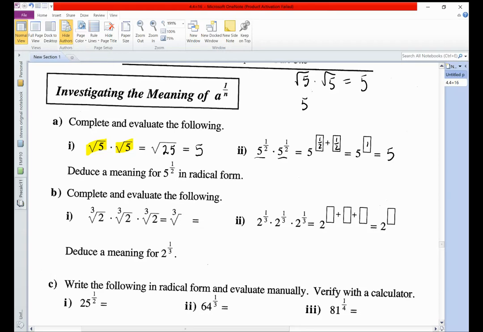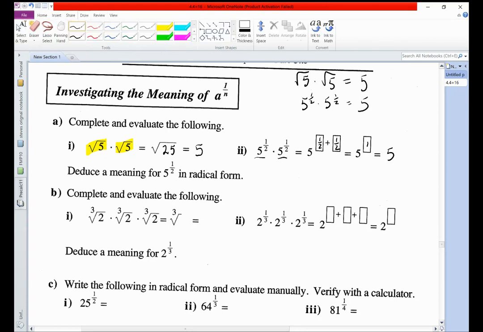So we can say 5 to the power of 1/2 times 5 to the power of 1/2 is also just equal to 5. So knowing that, we can also say that 5 to the power of 1/2 is equal to root 5, right? And that's exactly what it's saying, root 5 is equal to 5 to the power of 1/2. It means the same thing.